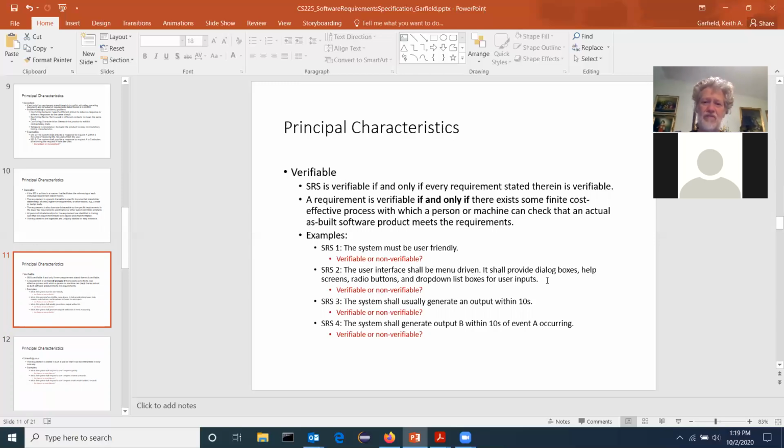What if it provides all these things but the user inputs are just crap, that it doesn't really meet the functionality of the system? That's really a non-functional design type issue. Now, again, if your customer is absolutely set on these things, then you can put these in your requirements.